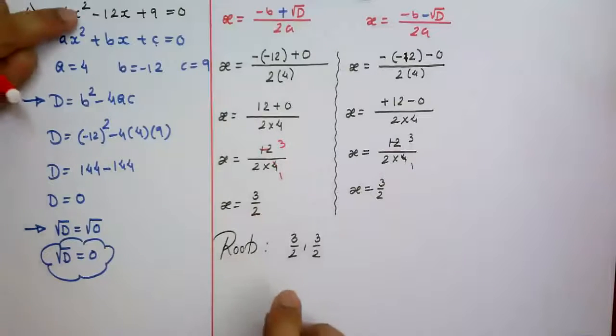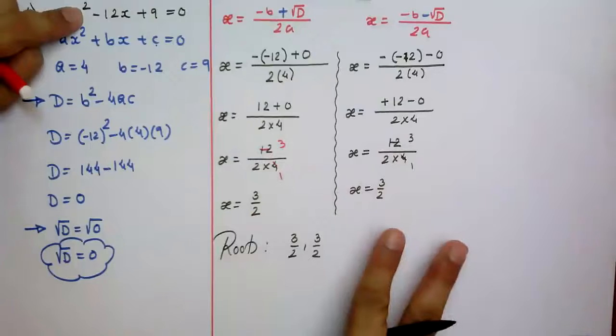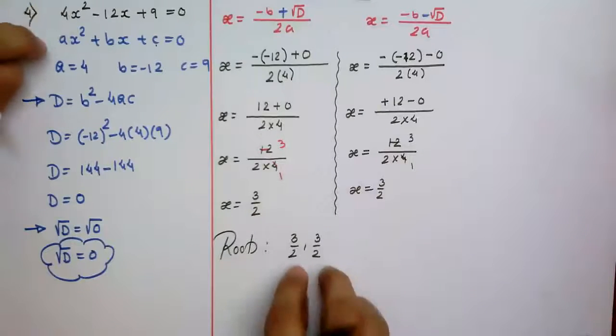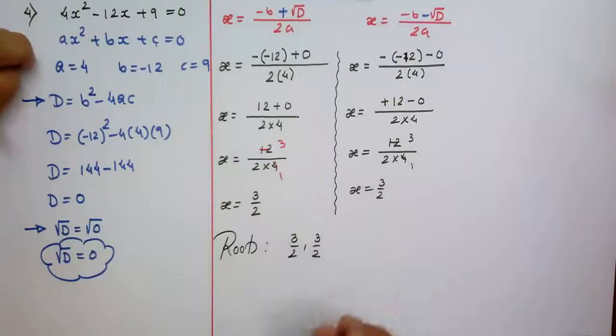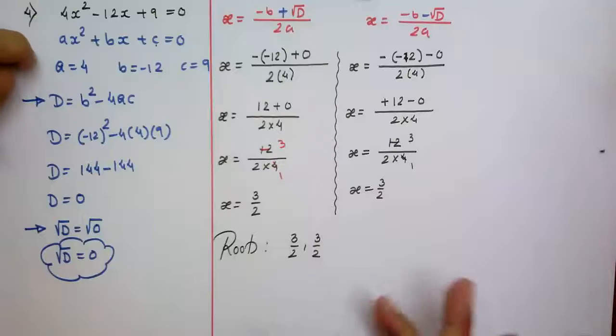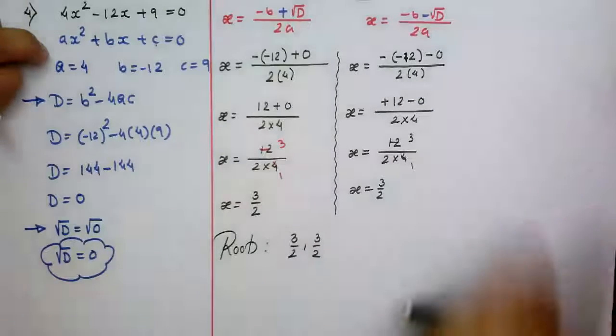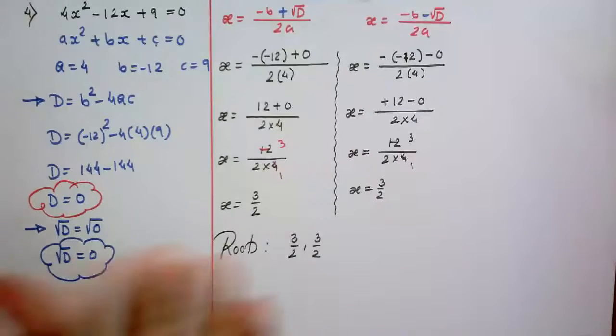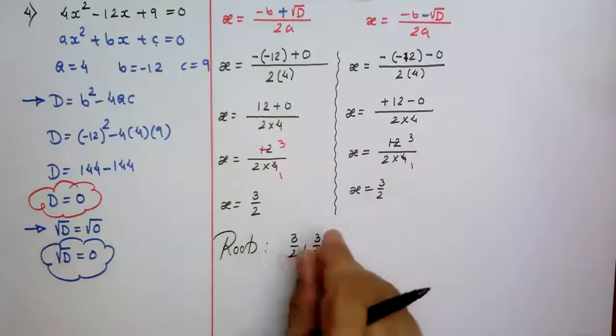As the degree of the equation is 2, we have to mention that it has two identical roots, repeated roots. An equation has repeated roots only when its discriminant is 0. That you should remember for your future.